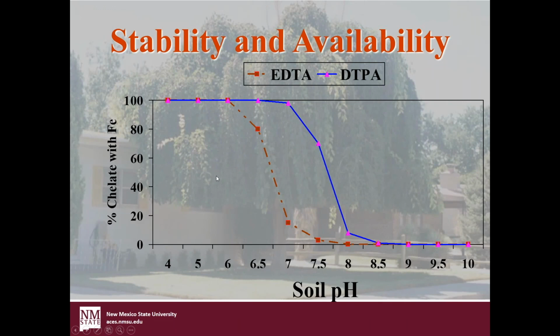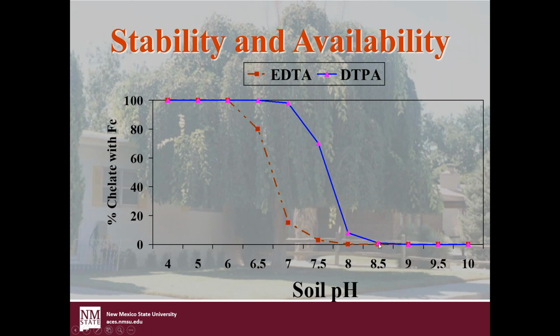Now DTPA, we have the blue line coming across. It's available all the way up through 6.5. It starts to lose a little bit at a little bit above 7 pH, and then it starts to be less effective as the pH increases towards 8. Once it reaches those high levels of pH, it is going to lose most of that effectiveness for providing iron to the plant.